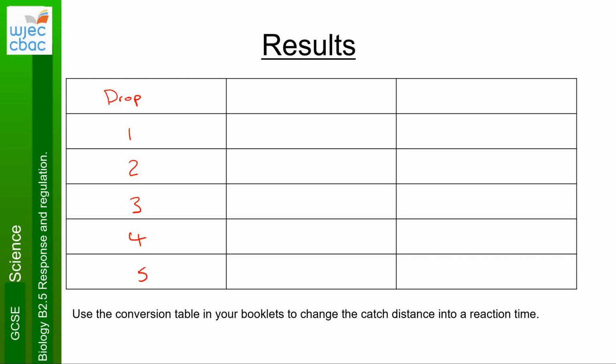We've got 2 columns then for the dependent variables. So in the first one, we're going to put catch distance, and that is in centimetres. And in the last column, we're going to use the table on page 14 to convert that catch distance into a reaction time. And that will be measured in milliseconds.